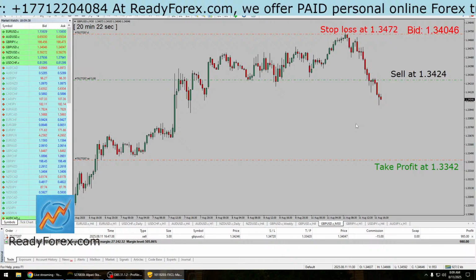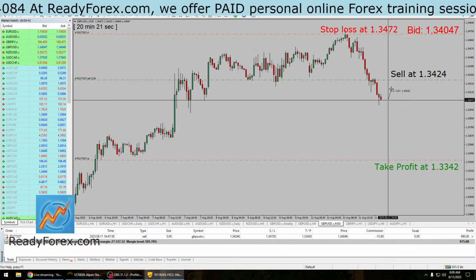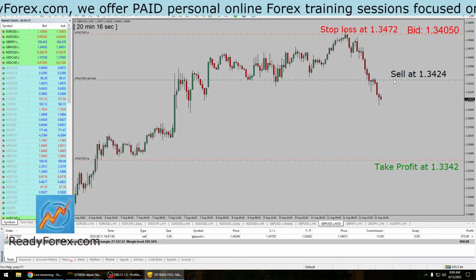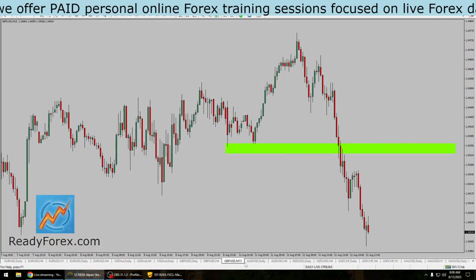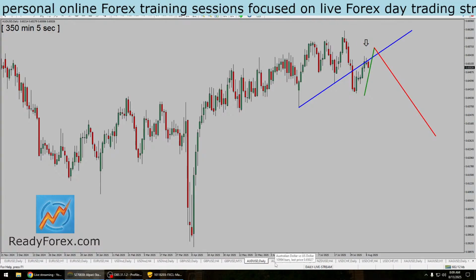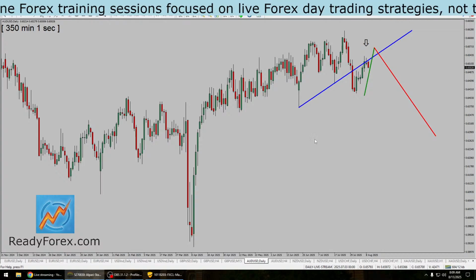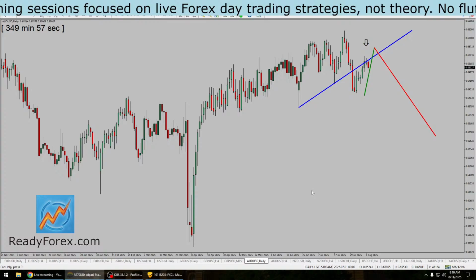So this is the sell trade right over here in front of you guys. Price action so far moved about 21 pips in my favor. Okay, so GBPUSD, I expect further weakness in price action. Next one is the Aussie dollar. AUDUSD currency pair, we got this nice bullish leg over here, a retest of this trend line.